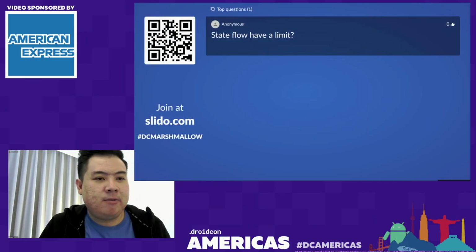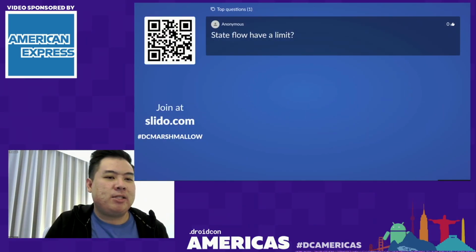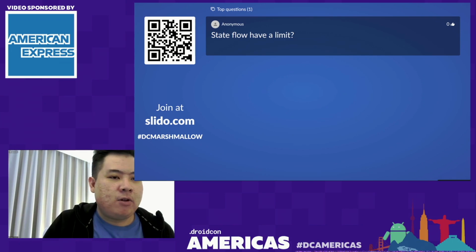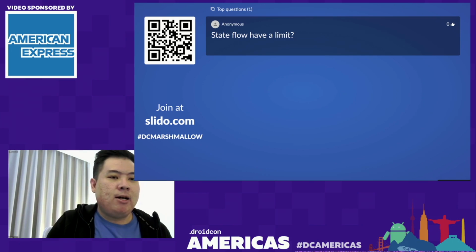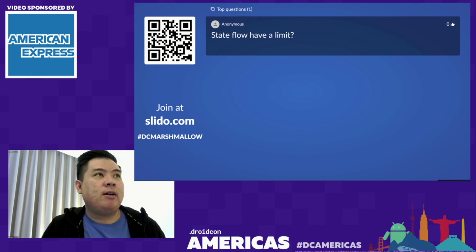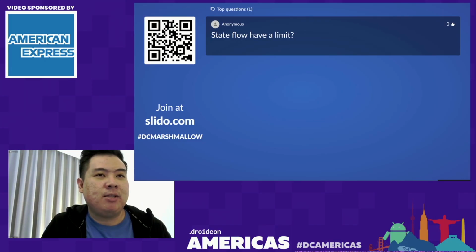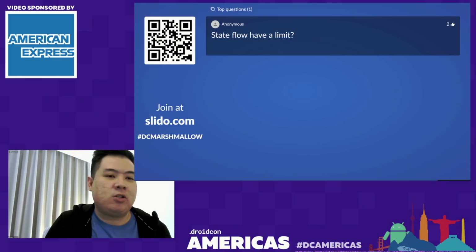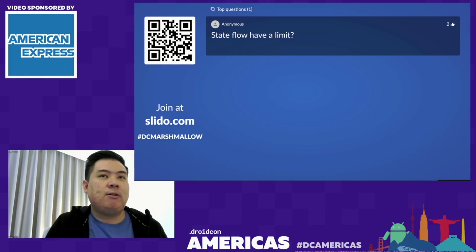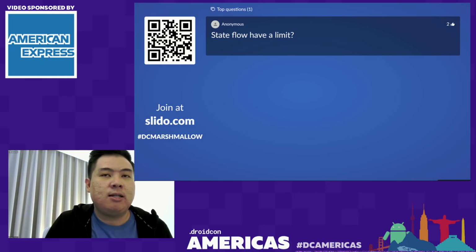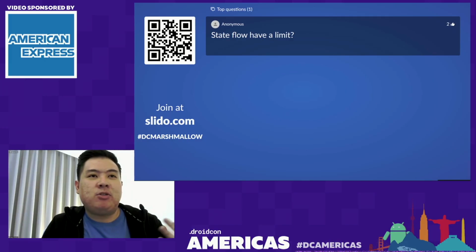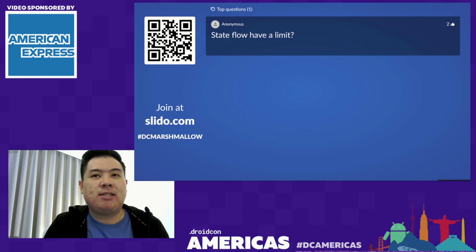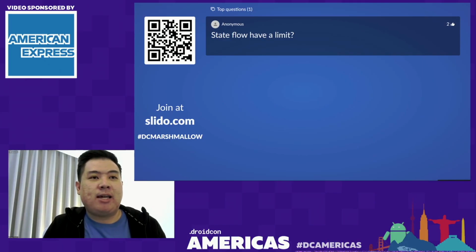Okay, we have another question. Does StateFlow have a limit? Actually, if it is a limit of how many times it can emit values, then no, it has no limit. We can emit as many values as possible, and not only that, we can also collect as many values as possible as long as the collectors are not cancelled.